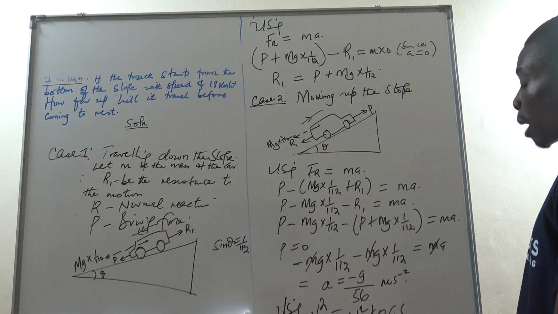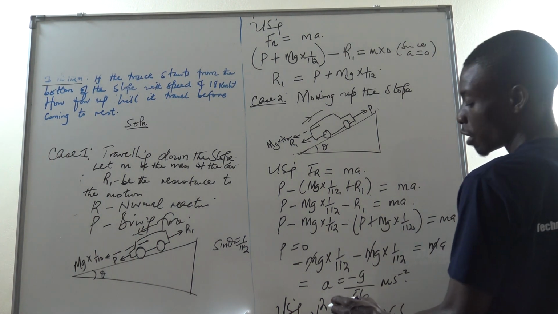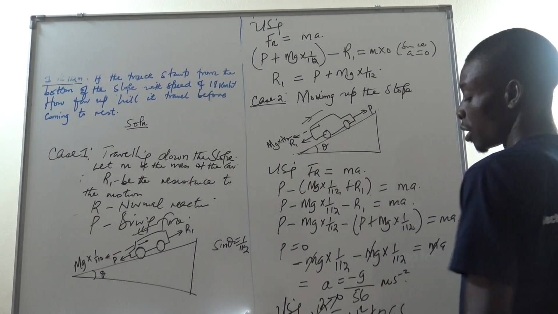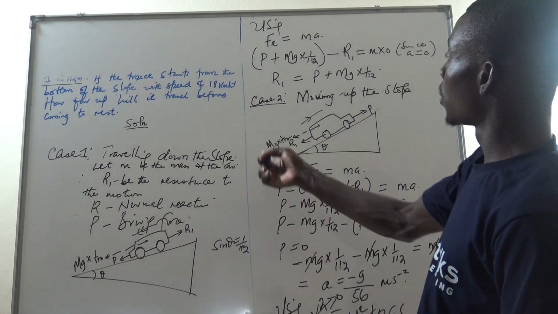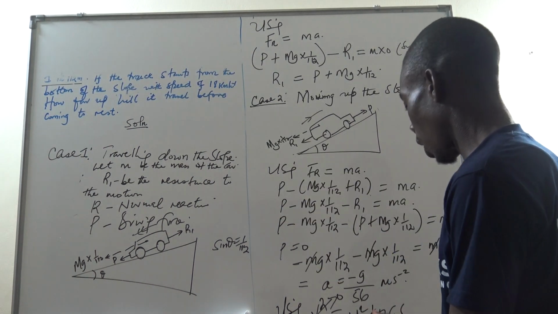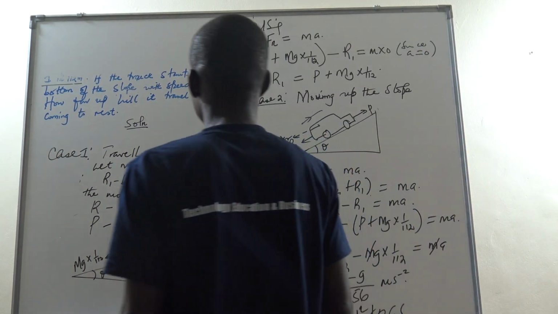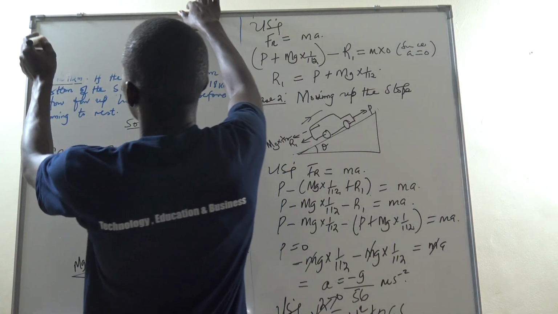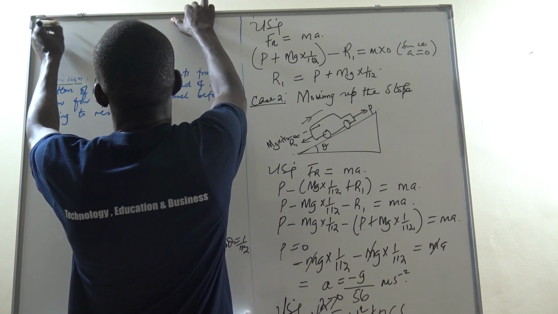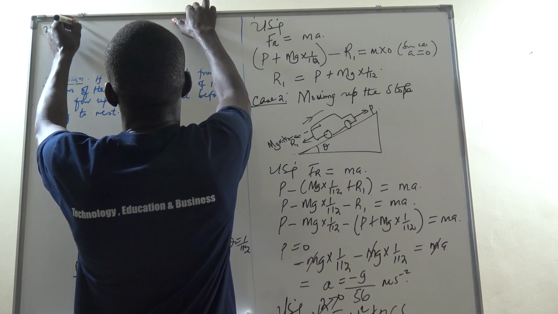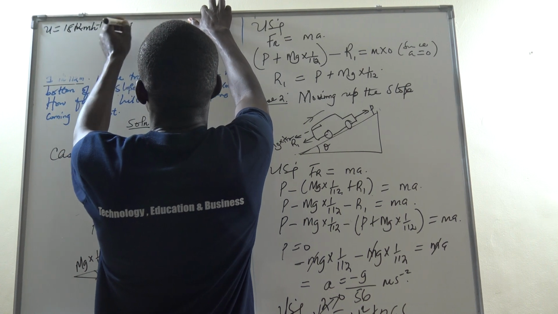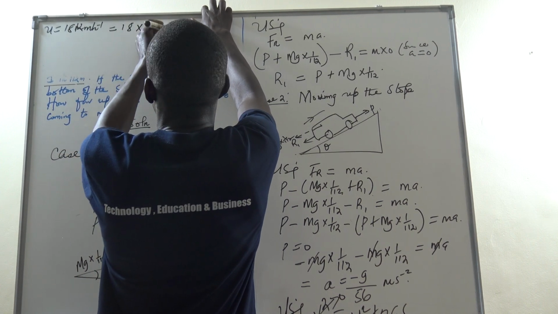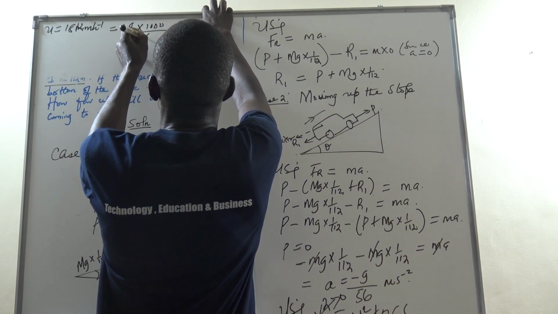So if this body comes to rest, what is very true, the final velocity will be 0. But they have given us that it was traveling with a speed of 18 kilometers per hour. You can as well change it into meters per second. So initial speed of 18 kilometers per hour is the same as 18 times 1,000 over 3,600.